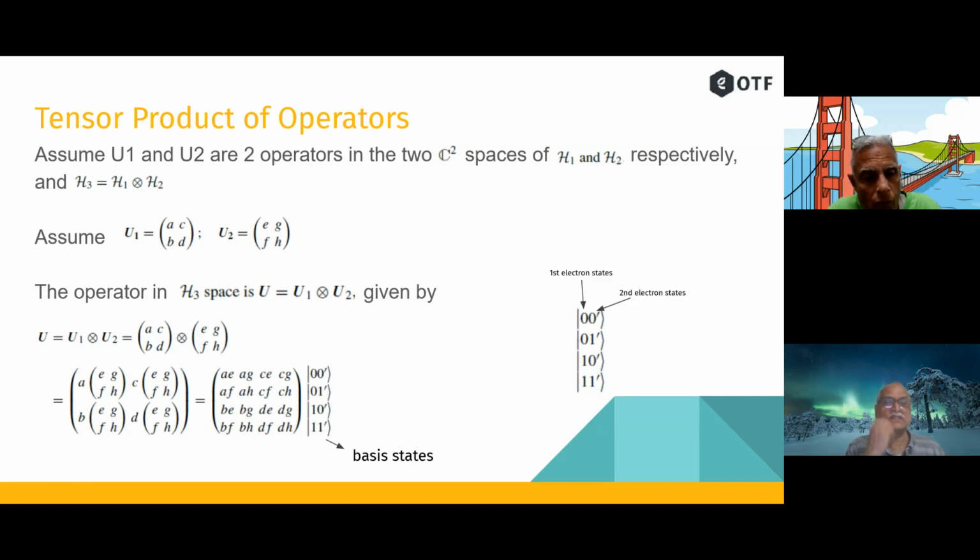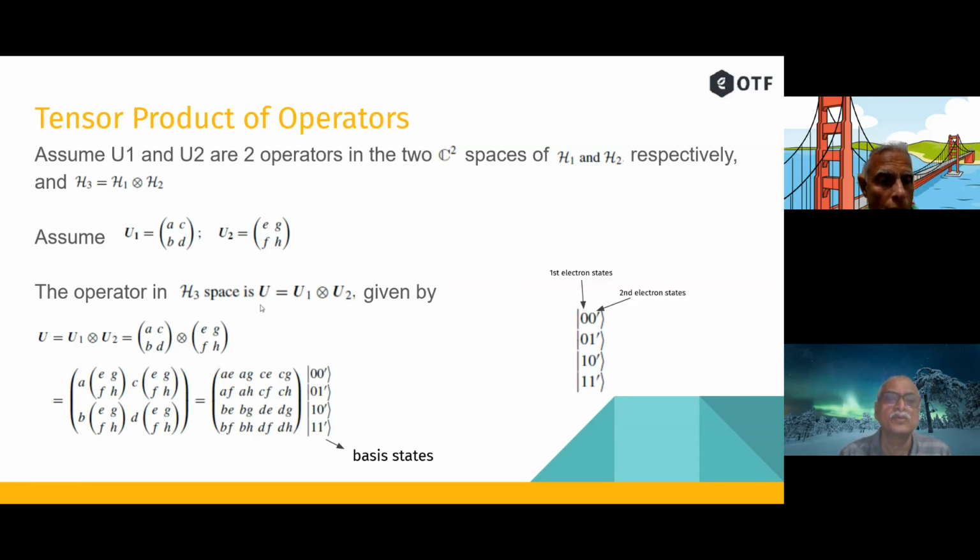Let us try to understand this in a little more detail. Let us assume that u1 is a, b, c, d. This is one operator. Similarly, u2 is yet another operator, e, f, g, h. Remember, once again, u1 is restricted to the h1 space, u2 is restricted to the h2 space. And I can now define an operator in the h3 space, let us say called u.